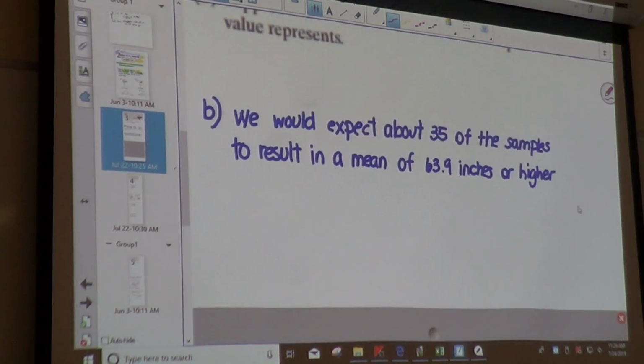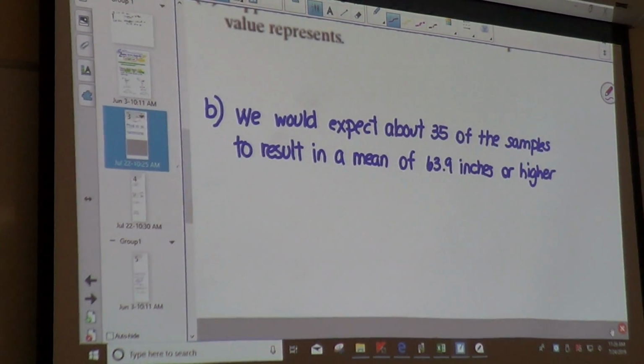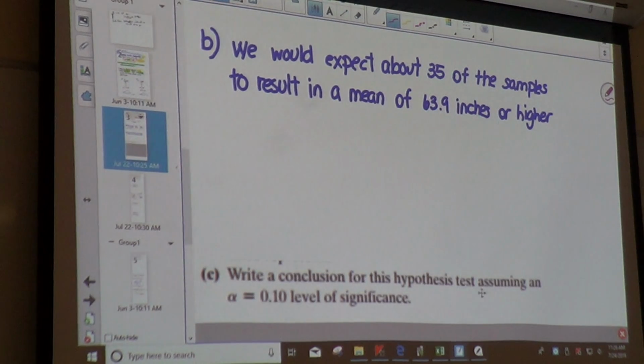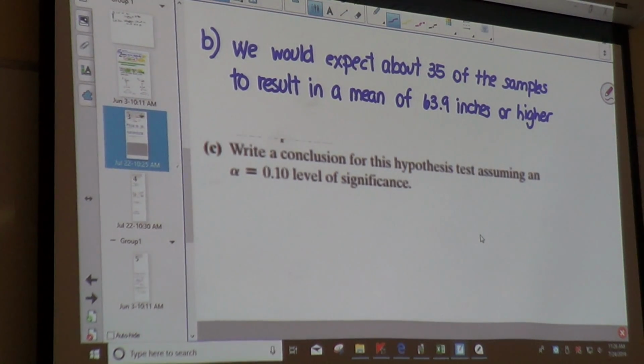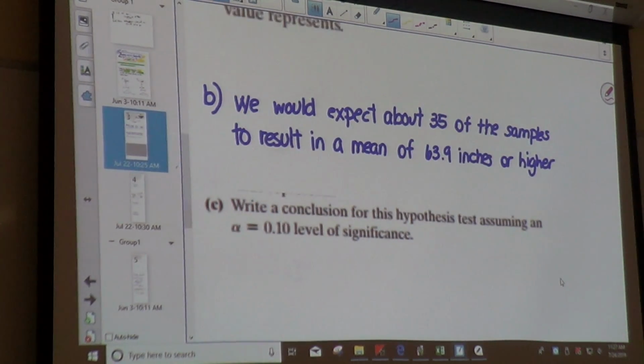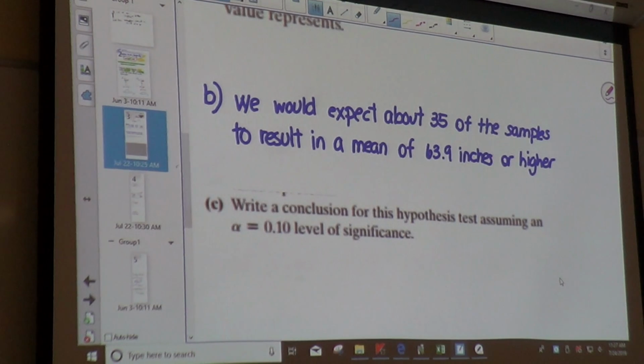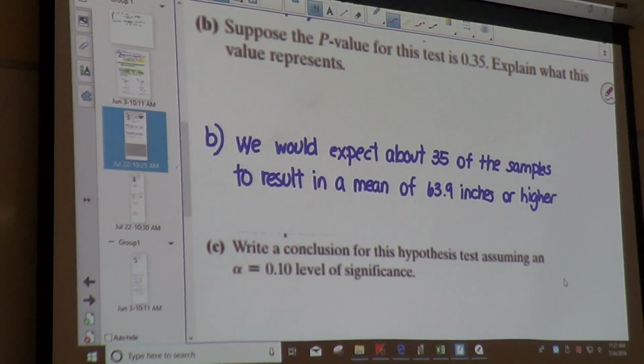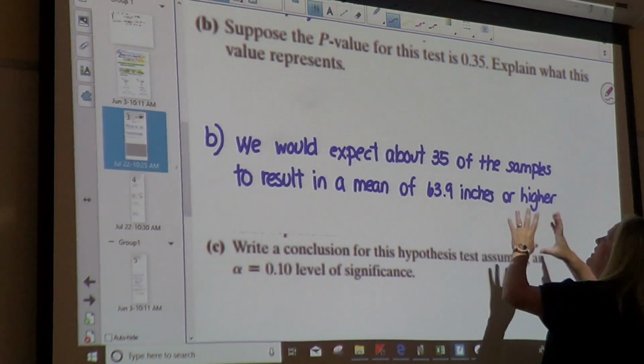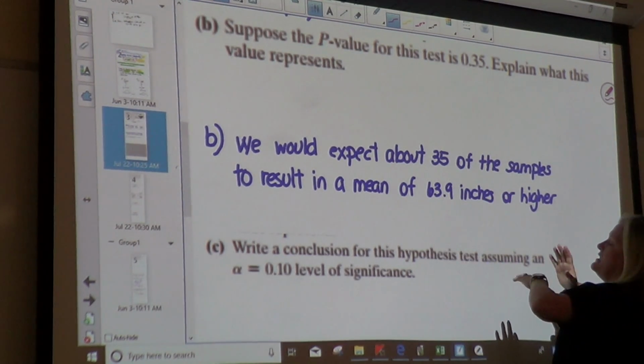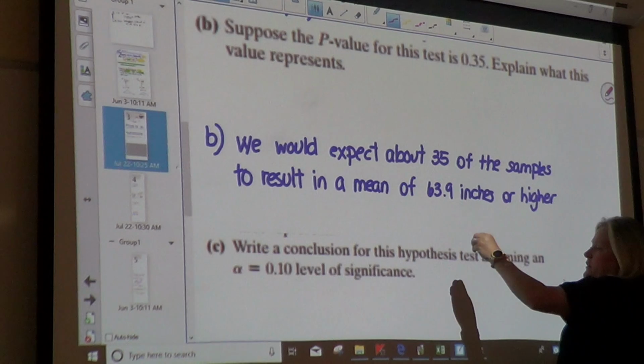Now, let's look at C. Write a conclusion for the hypothesis test assuming an alpha of 0.10 significance or higher. Now, I told you that I like to draw the picture. In last class period, we drew the picture over and over, and we found our critical value.